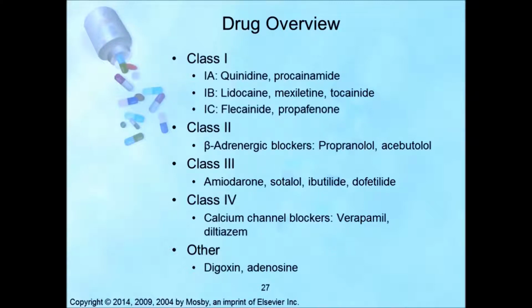Finally, digoxin and adenosine. Digoxin suppresses the AV node conduction to increase the effective refractory period and decrease conduction. This results in a decreased heart rate and reduced risk of re-entry or supraventricular arrhythmias.